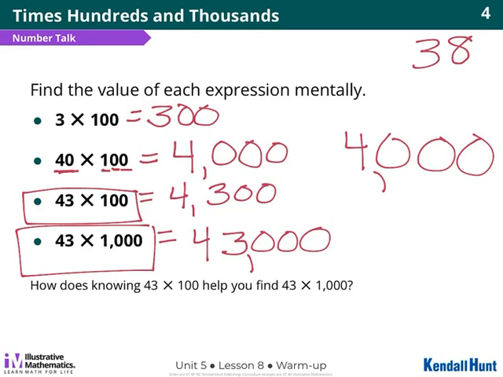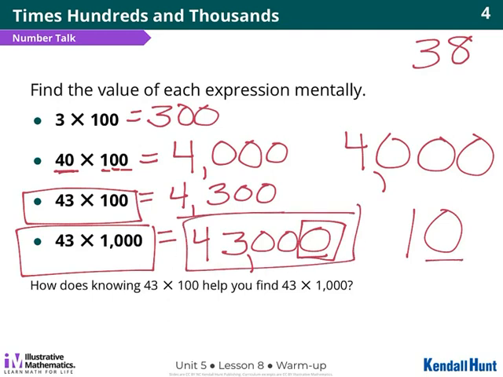So we're just multiplying this number by 10, which is the same as adding another 0, right? How many zeros are in 10? 1. So this answer is one more 0 than this answer. Did you guys notice that? So it's 10 times as much as 4,300. There you go.